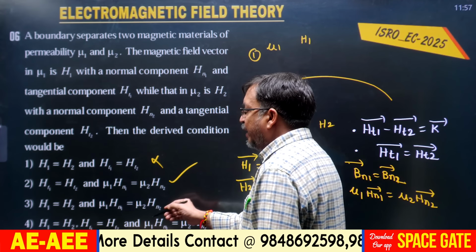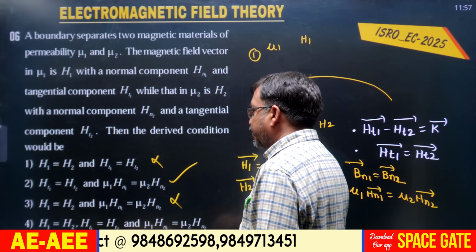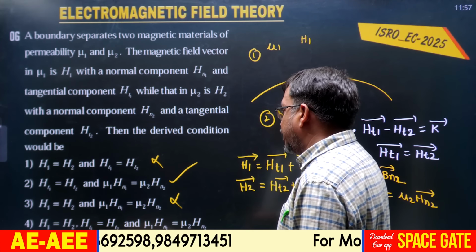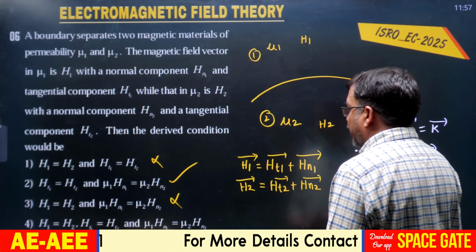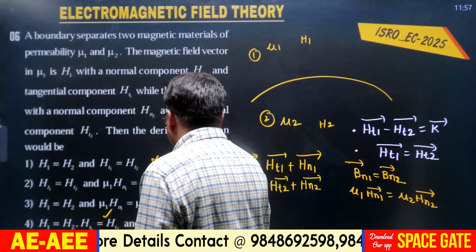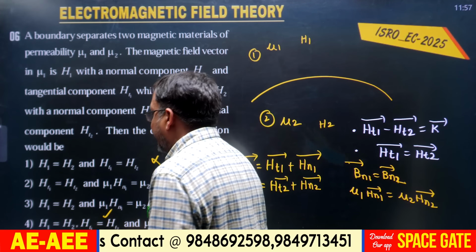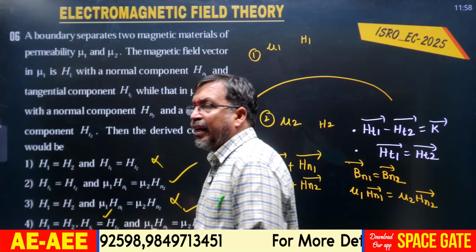Second condition correct, but first condition wrong, like the same option 1. H1 equal to H2, HT1 equal to HT2 and mu1 Hn1 equal to mu2 Hn2. Here this condition is correct, but H1 is not equal to H2. That's why only option 2 is correct.